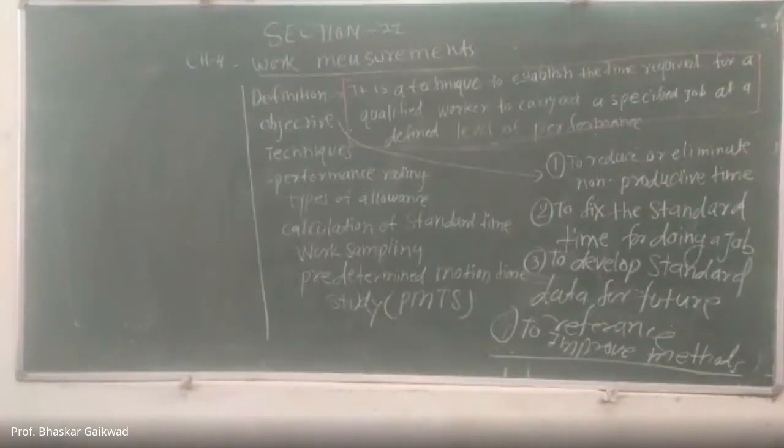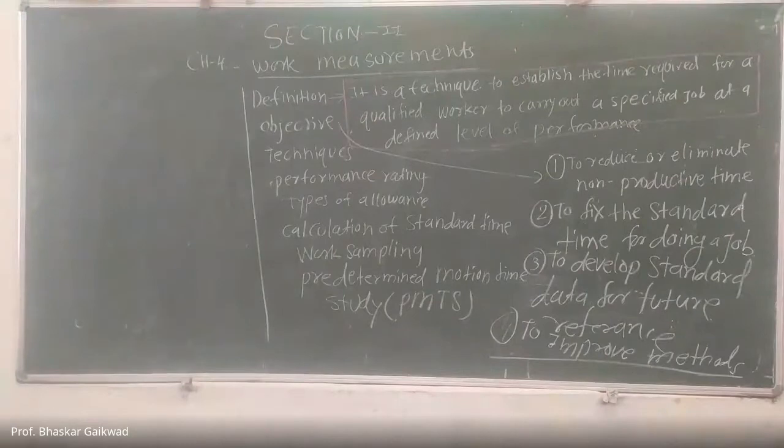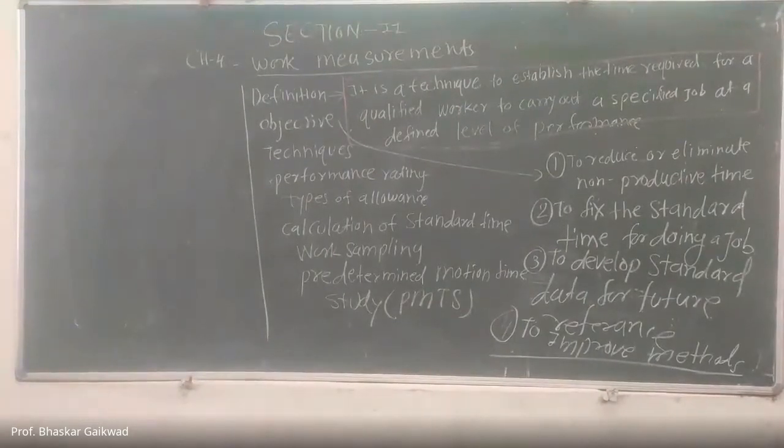So we can manufacture these jobs by using jigs and fixtures. Somebody will manufacture the jobs without jigs and fixtures.